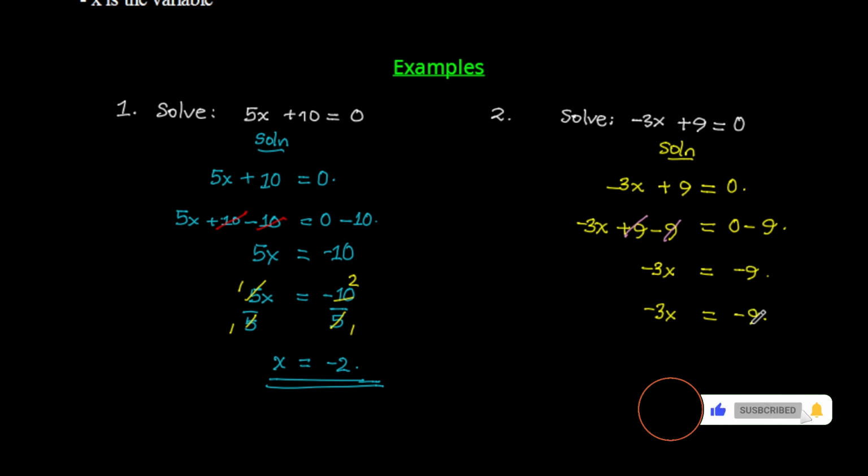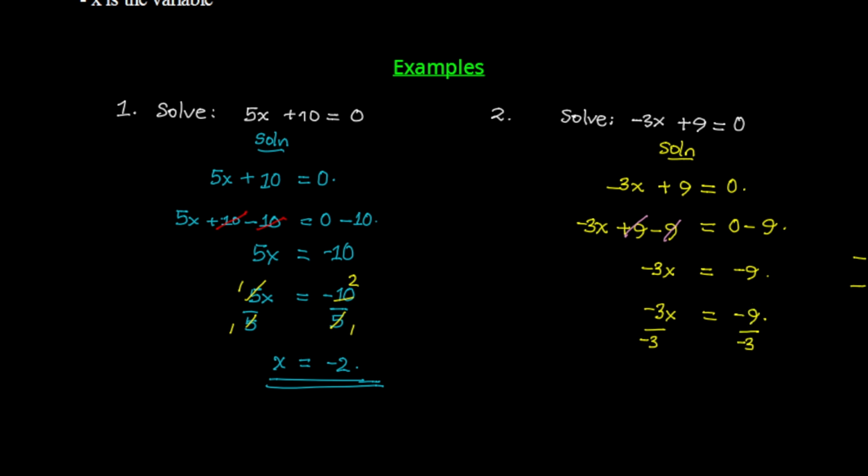So we divide by negative 3 on both sides. By the way, when you divide a negative by a negative, your result is positive. Also, when you multiply a negative by a negative, it becomes positive. So we realize that we're dividing negative by negative, so our result is going to be positive.